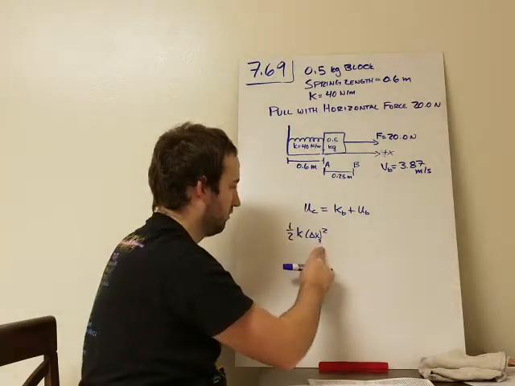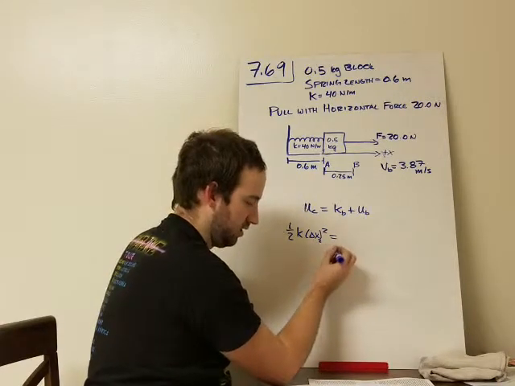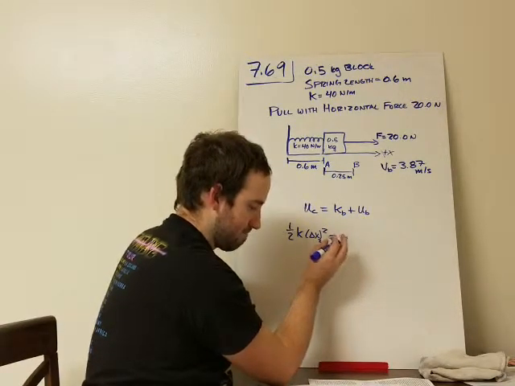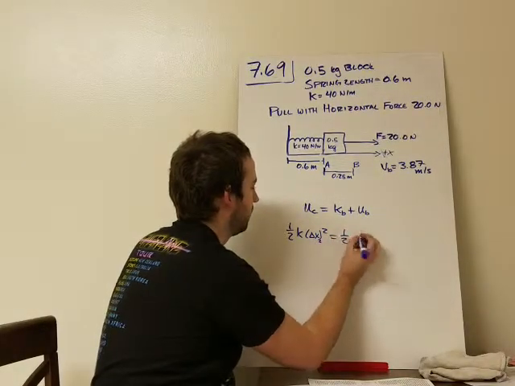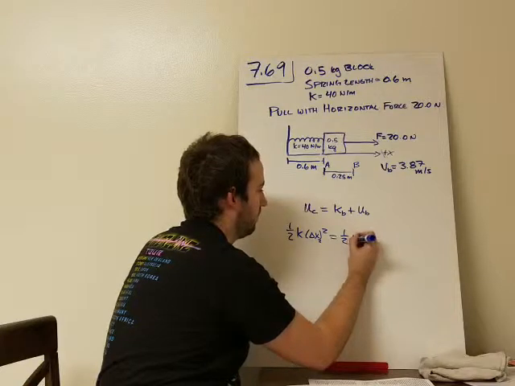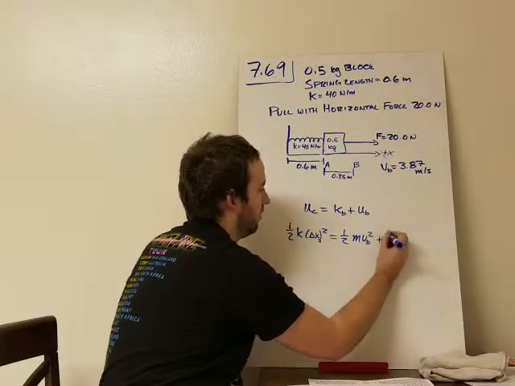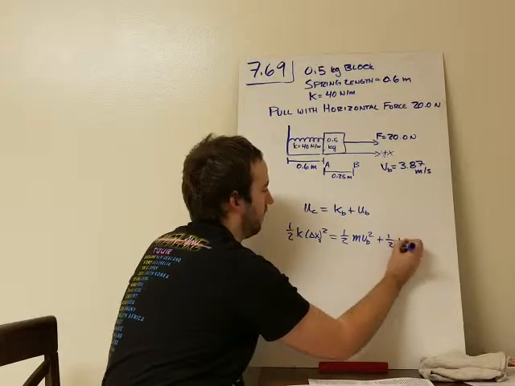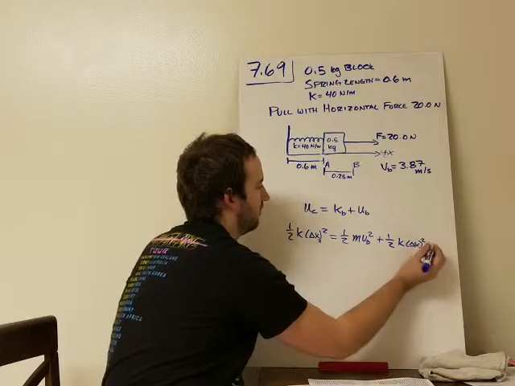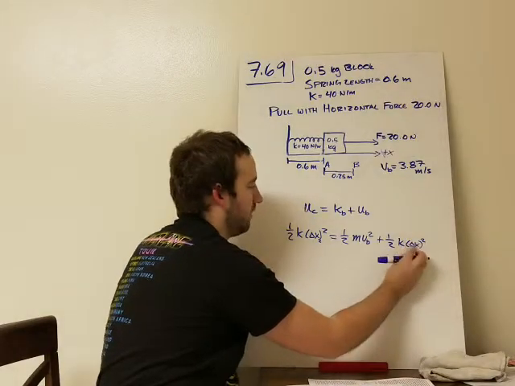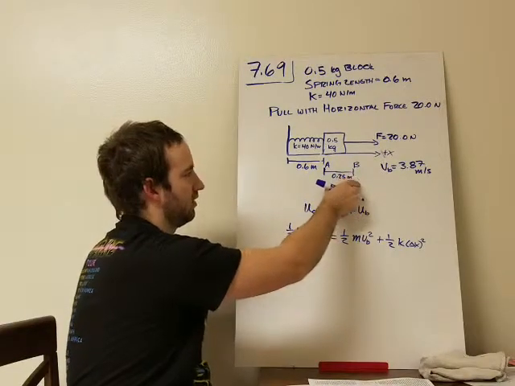So delta x 2 squared equals, and KB is going to be 1/2 m v B squared plus 1/2 k delta x squared. Now this delta x is at point B, so it's the original delta x here.